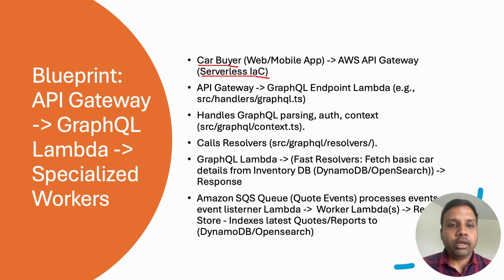From the API gateway, you call the GraphQL endpoint, which is a Lambda, and the GraphQL endpoint handles authentication and also has the context. And then it goes to the resolver. The resolver identifies the data that is needed and makes it understandable to get the right data from the DynamoDB or OpenSearch. And once that is done, we provide the response back. So here the SQS, as I said before, listens to the events and then updates the DynamoDB or OpenSearch on the backend.